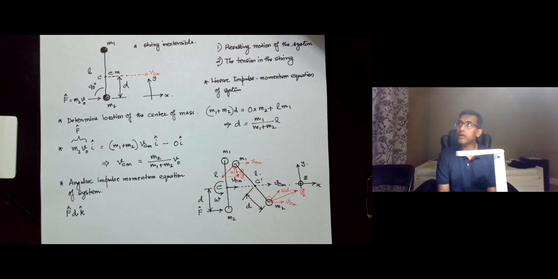The angular impulse momentum relation states that the angular impulse of all external impulses acting on a system of particles about its center of mass is equal to the change in the angular momentum of all the particles about the center of mass.